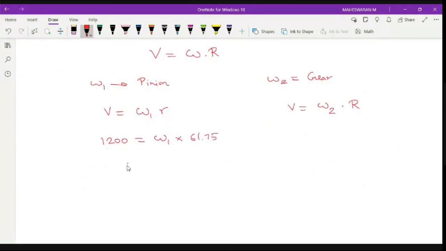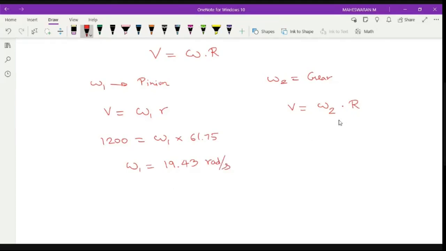So from this you can identify omega 1. Just divide: 1200 divided by 61.75. You're getting around 19.433 radians per second.